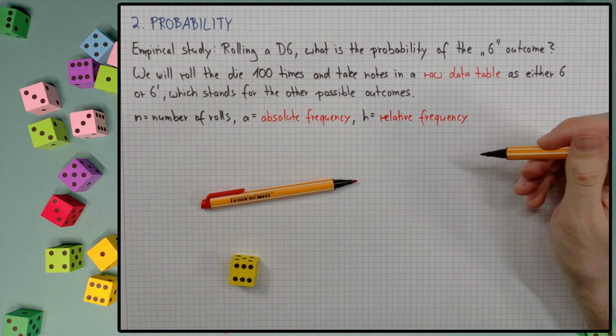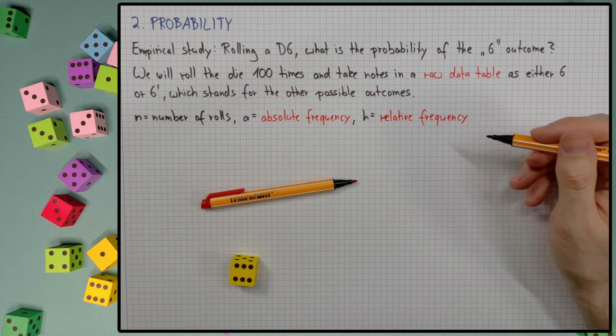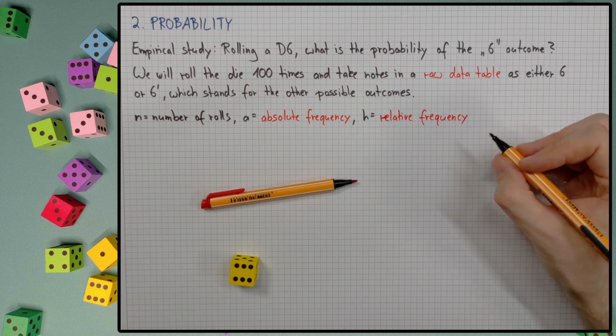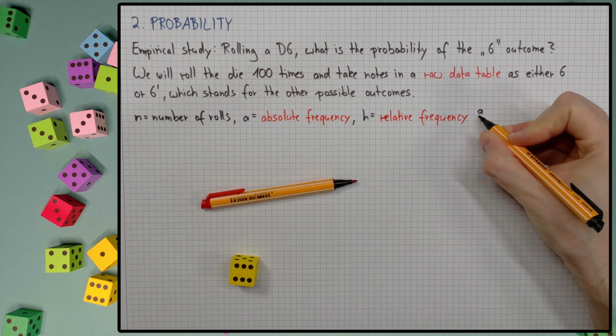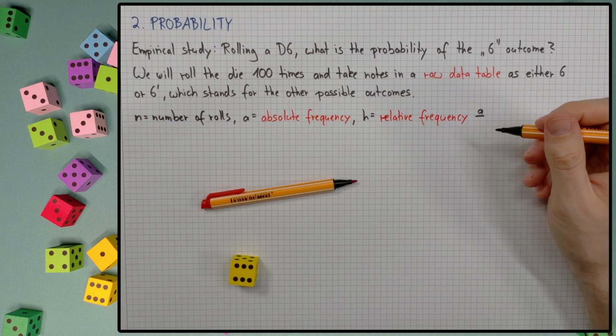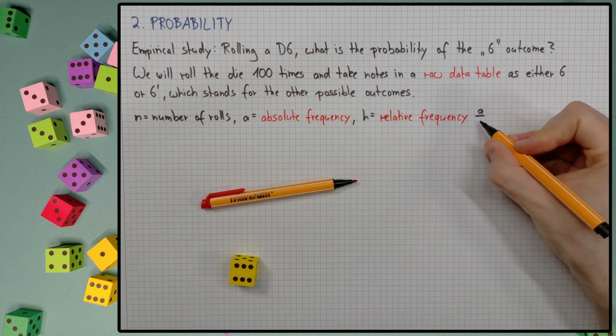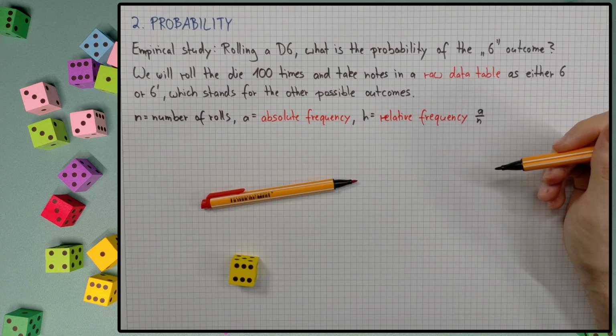And that one is going to be a fraction. We are going to divide the number of 6s, the absolute frequency, by the number of rolls.